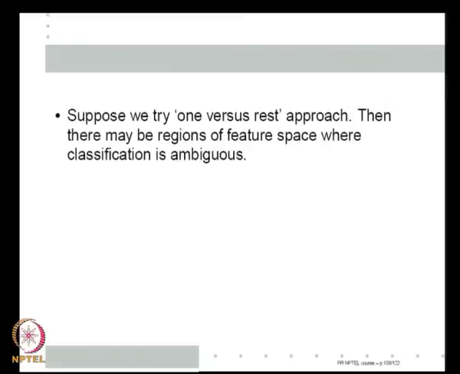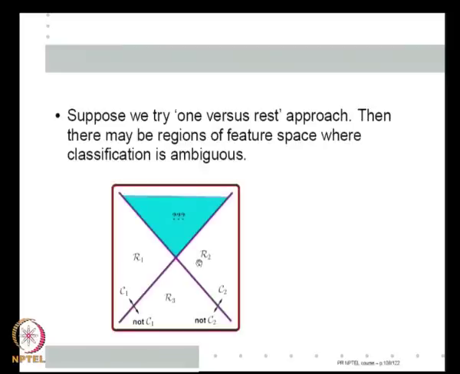The problem is that there are regions of feature space where the classification is ambiguous. Let us say this is the linear classifier that separates class C1 on one side, not C1 on the other side. Let us say this is a linear classifier that separates class C2 on one side and not C2 on the other side. And this is region 3 where it is class 3, as it should be, not C1 and not C2.